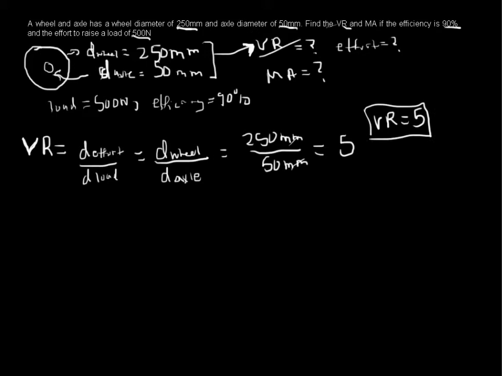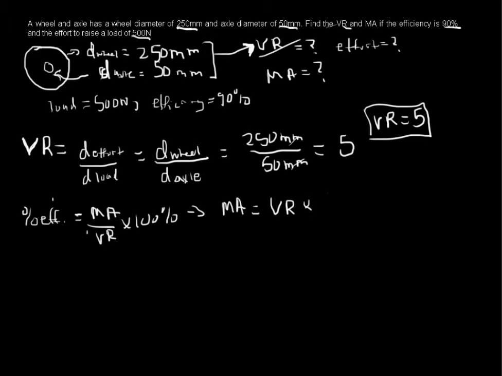So next, what can we do? We know our load. Can we get our effort? Probably not, we don't have that information. But we do know that percent efficiency is equal to mechanical advantage over velocity ratio times 100%. We know this, we know this, so we can get mechanical advantage. Mechanical advantage is just velocity ratio times percent efficiency over 100%.